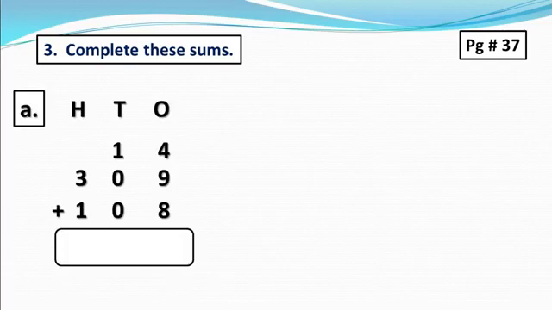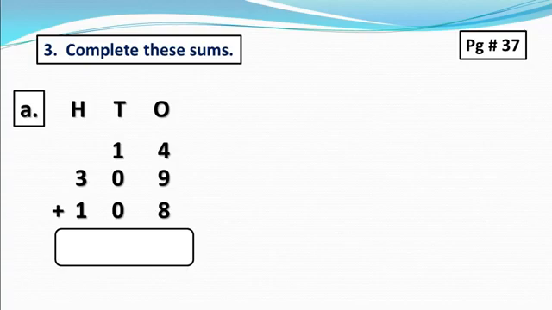Now we will do question number 3 of page number 37. Complete these sums. Here I am going to solve part A of question 3. Let's add. Start with ones as always. 4 plus 9 equals 13 and 13 plus 8 equals 21. But we cannot write 21 in the ones column.